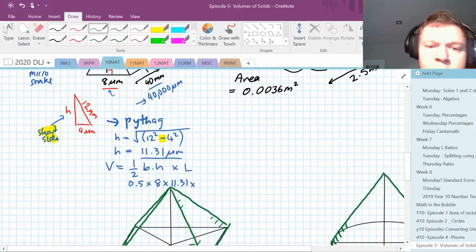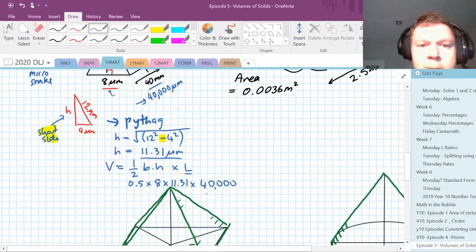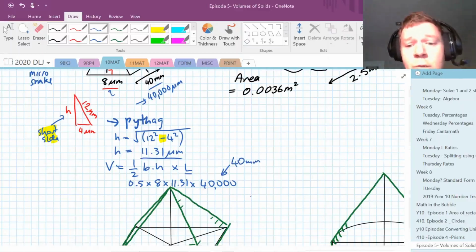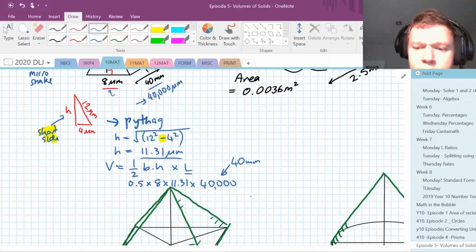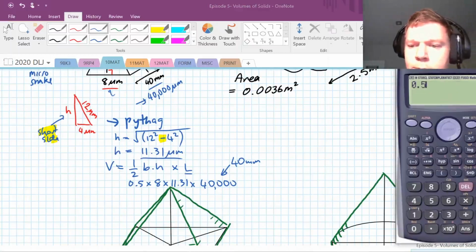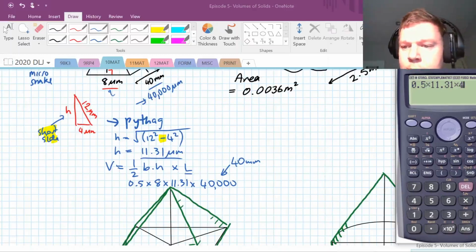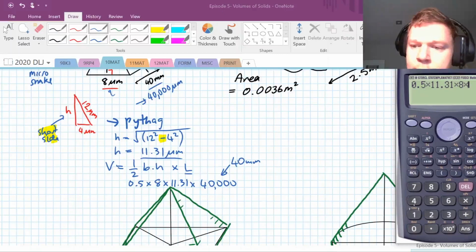And we're also multiplying it by our length, which is 40,000. So 40,000 micrometers is the same as 40 millimeters. And these are all in micrometers, so we'll get micrometers cubed. Alright, 0.5 times 11.31 times 8 times 40,000.